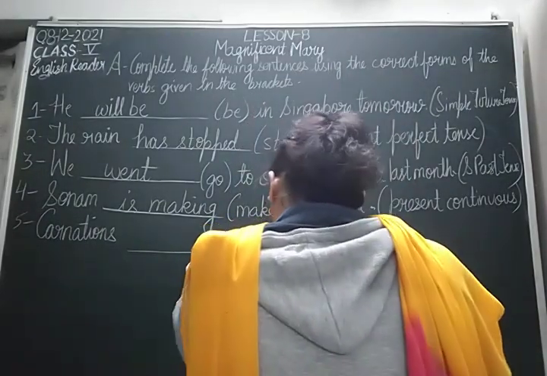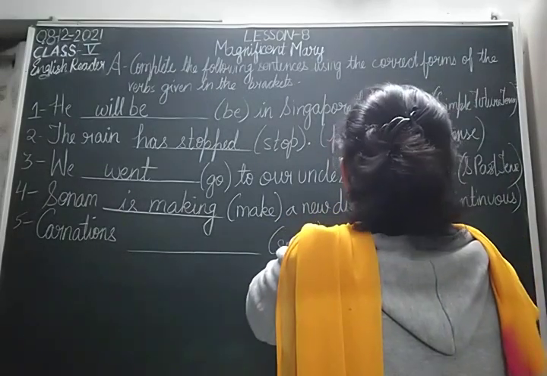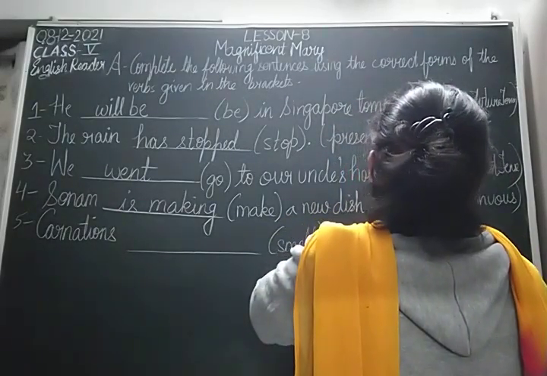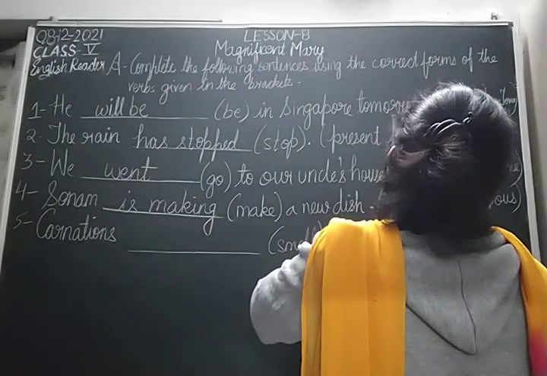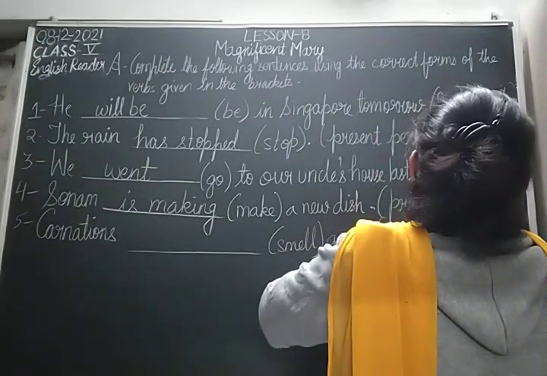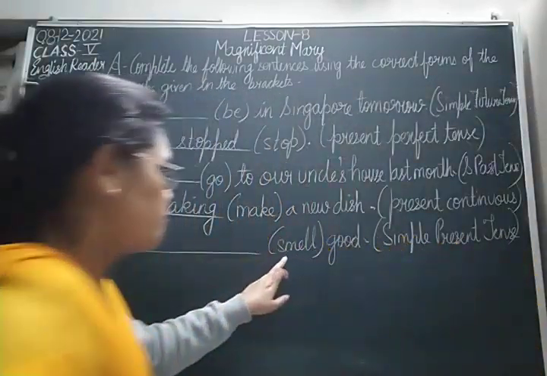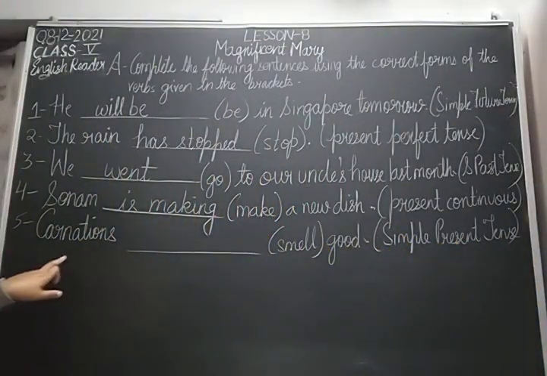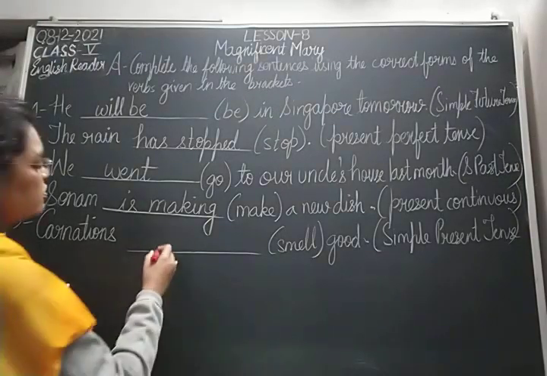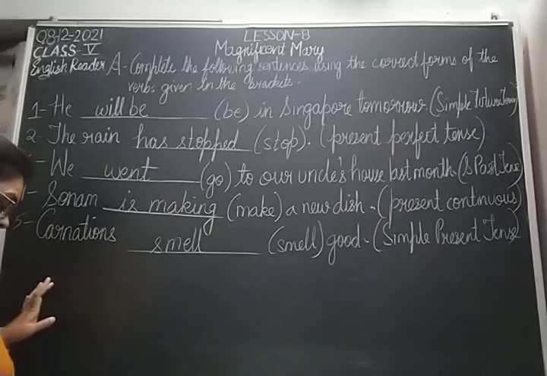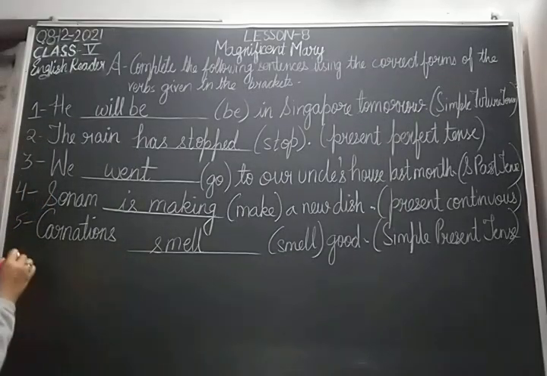This we need to write in simple present tense. So here carnations is plural, so we will use the root form of the verb. So carnations smell good.